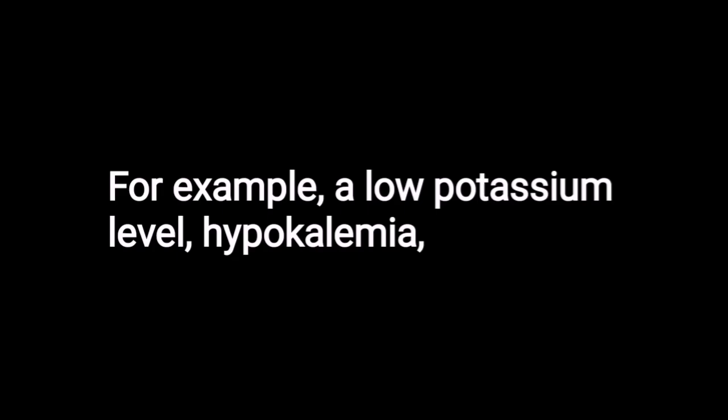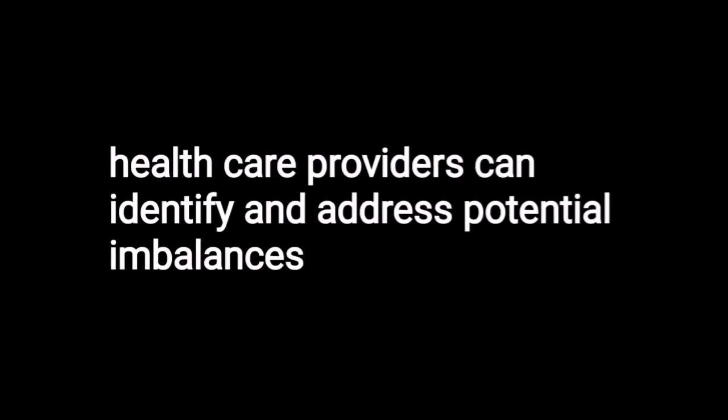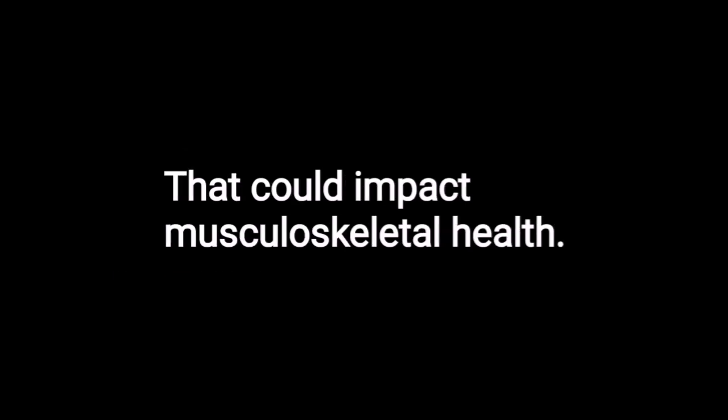For example, a low potassium level, hypokalemia, can contribute to muscle weakness, while elevated calcium levels, hypercalcemia, can indicate underlying conditions that may affect bone health. By assessing these electrolyte levels, healthcare providers can identify and address potential imbalances that could impact musculoskeletal health.